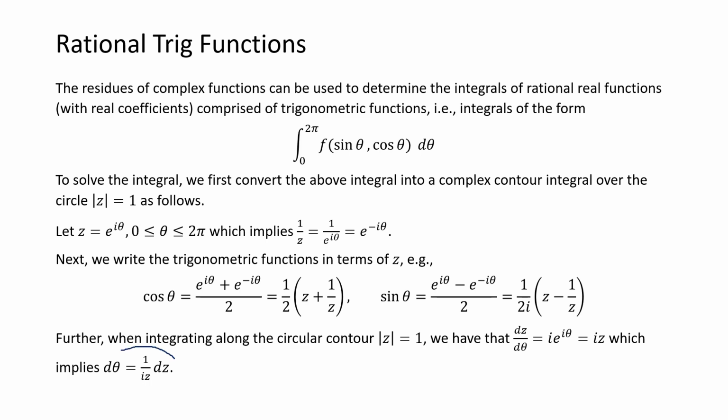We're going to need this substitution and this substitution and this substitution in our formula here for cosine of theta, for sine of theta, and then d theta. So let's see an example with these substitutions being made, and then we'll take the integral and show how we can use residues to actually evaluate the integral.